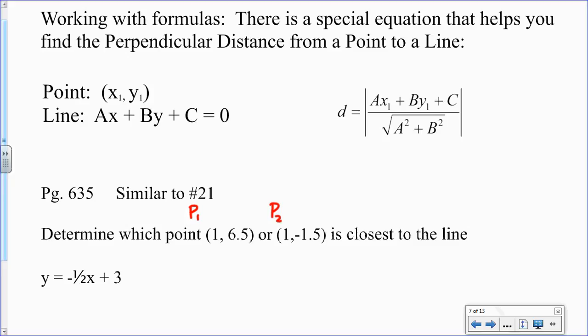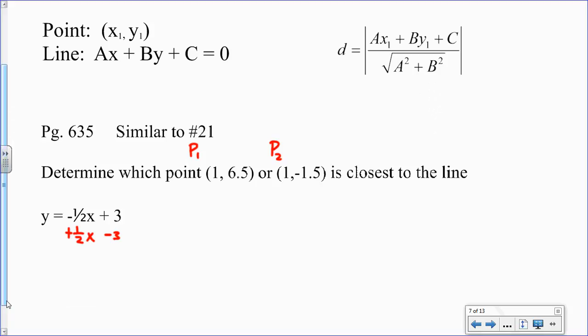So I'm going to move the 2 terms from the right to the left. I'm going to add 1/2 x and subtract 3. So that'll be positive 1/2 x + y - 3 = 0.